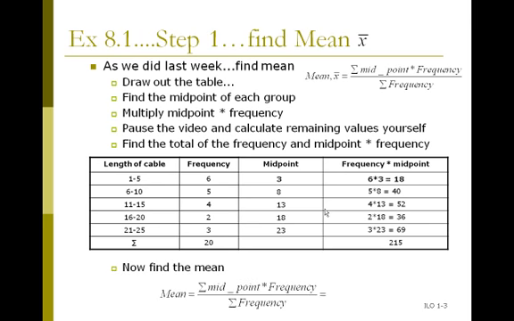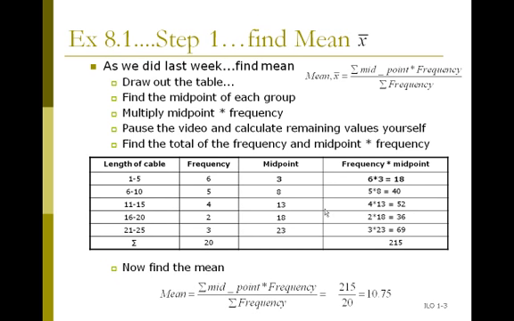As listed above, the mean is equal to the sum of the midpoint times the frequency over the sum of the frequency. If you take a minute, pause the video and calculate this yourself. This works out to be 215 divided by 20, giving us a mean of 10.75.